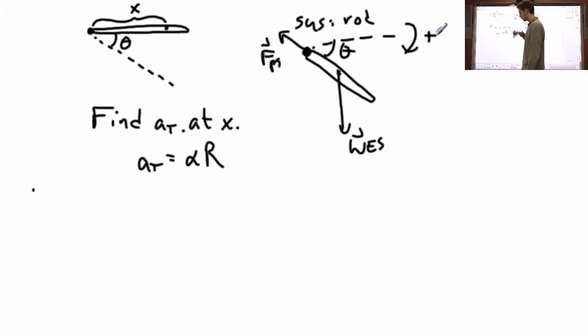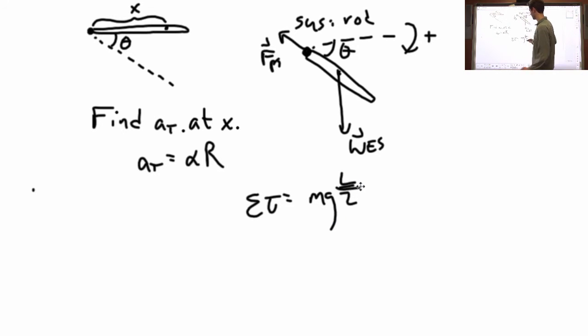I chose this way to be positive. If I sum my torques, I'll end up with something like just mg. I can take the force and multiply it by the distance from the axis of rotation, which is L over 2. I should have told you this earlier: we do know that this thing has a length L. And then once I take r and F, I can multiply by the sine of the angle between them.